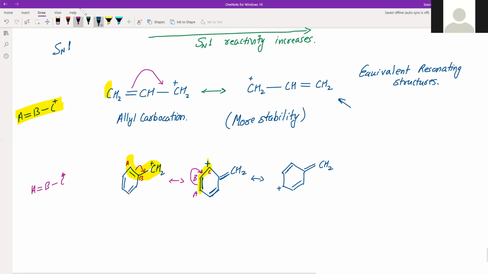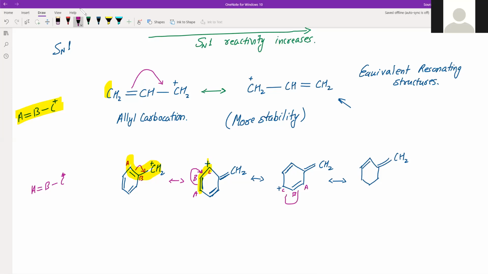And now again there is A, double bond B and C, and on C there is a positive charge. So again draw the structure for this. Now this structure and this structure are going to remain the same. There will be some movement of electrons to be shown.